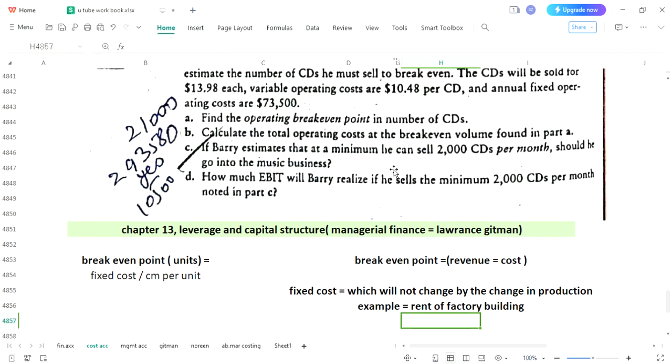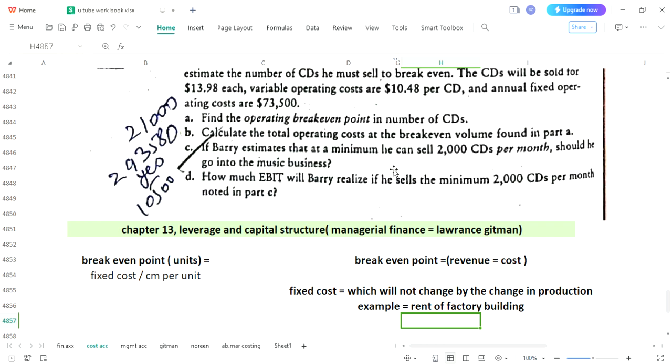Try to understand, if today there are 50 workers, tomorrow there are 5,000 workers in the same building, and the next day you have 500 workers, and the next day you have just 100 workers. No matter how many workers are working in the factory, you will pay the fixed amount of rent, and that is why it is fixed cost.